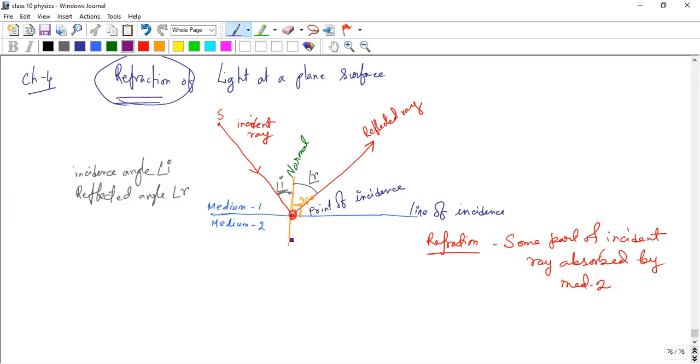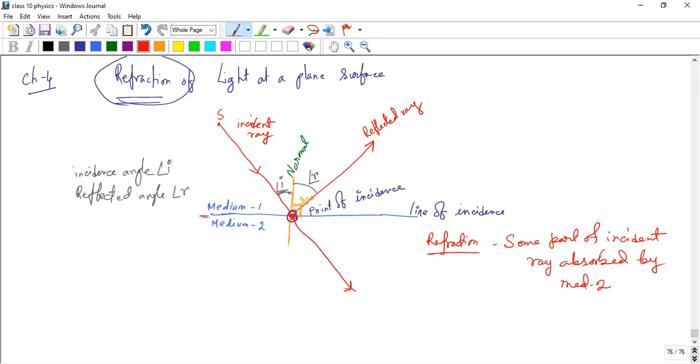There is the absorption here. Now, we know that light follows a straight line, so light goes in a straight path.